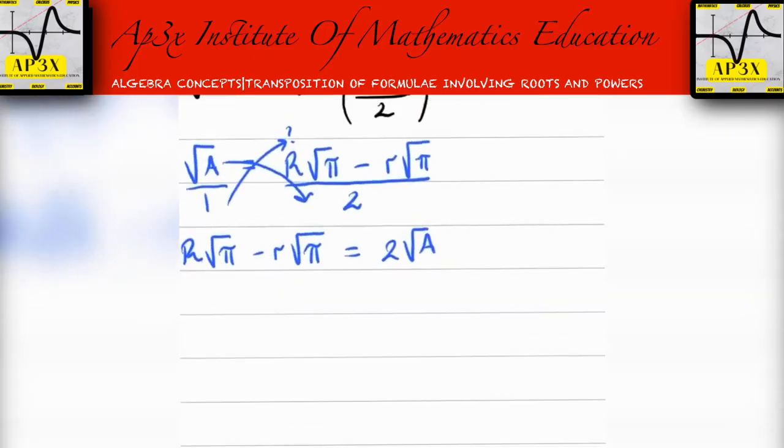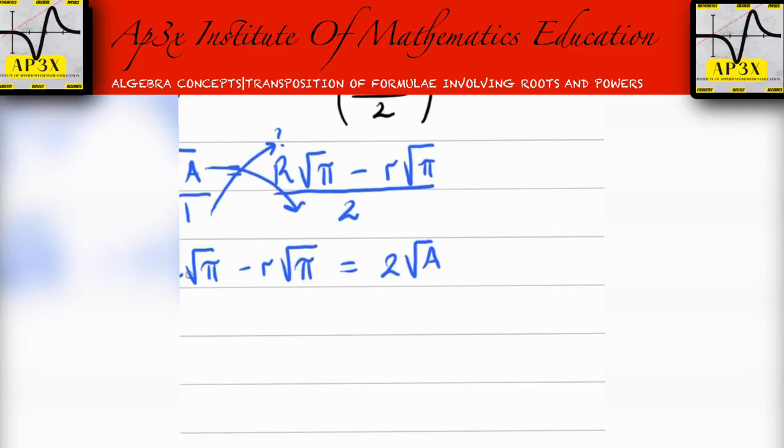Then we need to isolate R square root pi. So we transpose small r square root pi to the right side. We end up with big R square root pi is equal to 2 square root A plus, because we transposed it to the right side, small r square root pi.